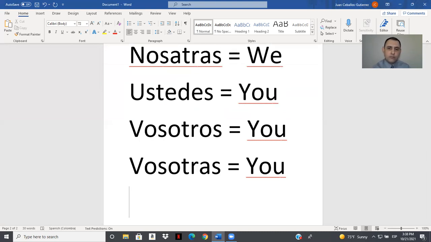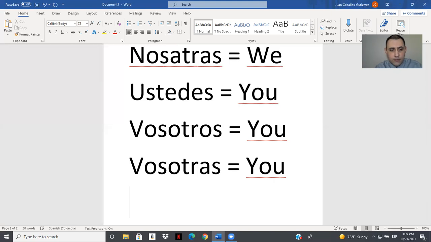We don't teach it. It depends on the student. If the student wants to learn it, we teach it. Otherwise not. But vosotros is the same as nosotros and nosotras. Vosotros is only used for men and a combination of men and women. Vosotras is used for only women. That's all. And it means you all.